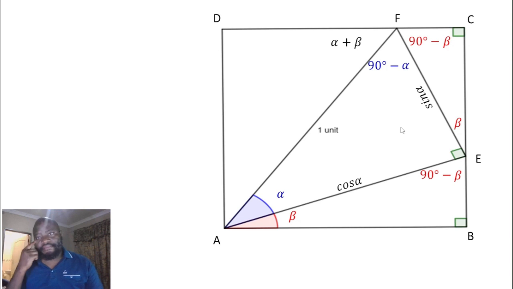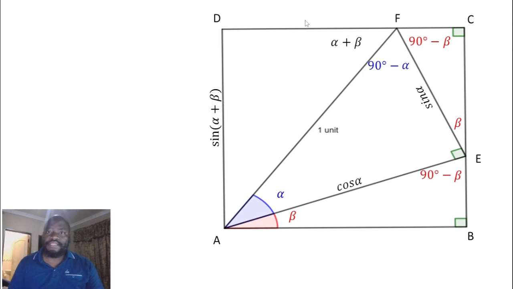Then in this triangle, we also have a 90 degree angle because this is a rectangle. We have this hypotenuse, which means we can find this side in terms of this angle. So the sine of alpha plus beta will be DA over 1, which means DA equals sine alpha plus beta.